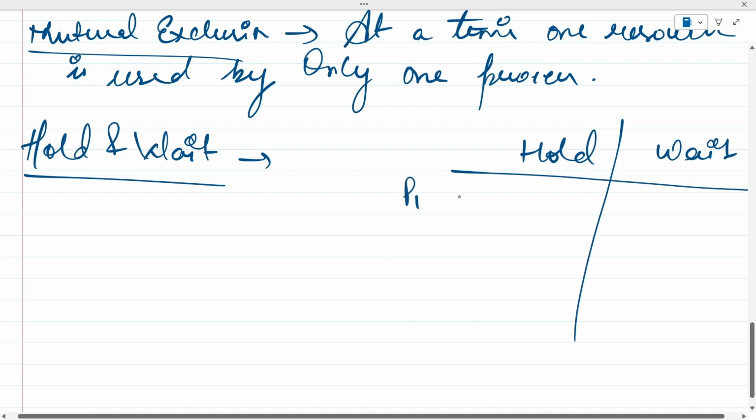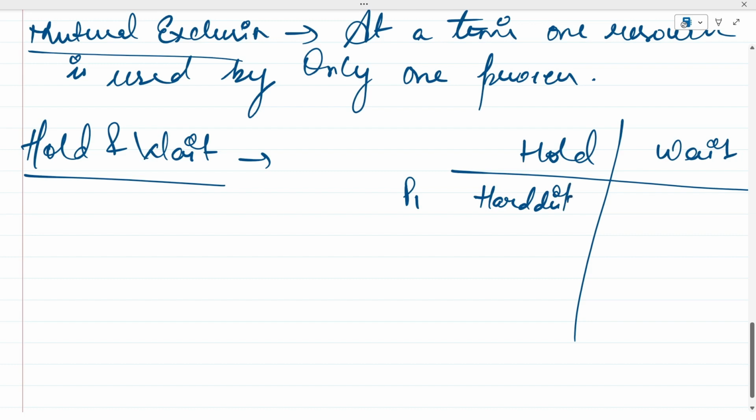Let's say we have a process P1 which holds a hard disk, but P1 needs a printer. So P1 waits for the printer for completion. P1 already has the hard disk. When P1 gets the printer, it completes, and then the hard disk and printer are free. But right now P1 is not completed because it is waiting for the printer.